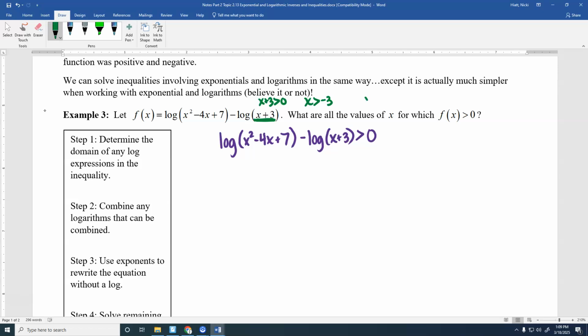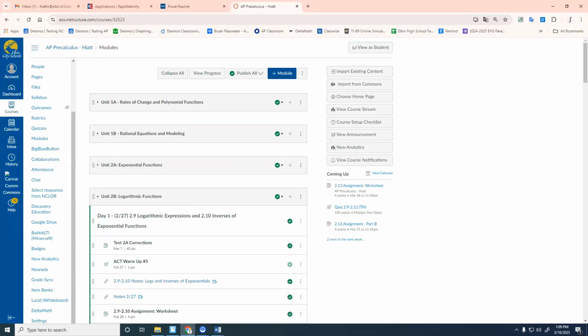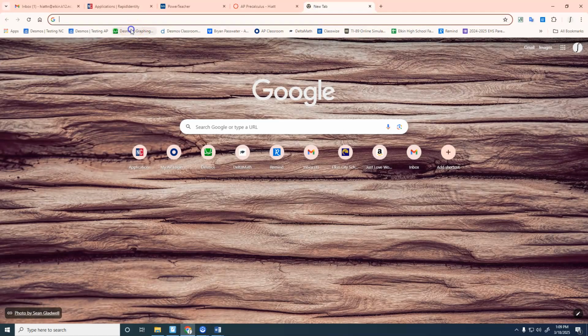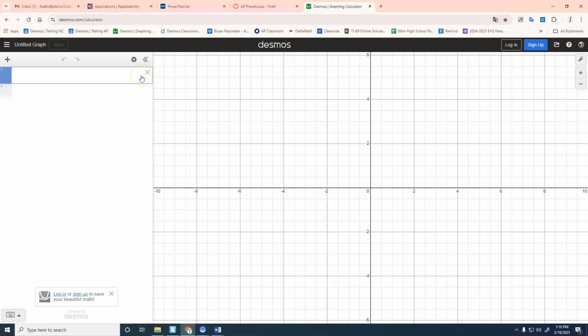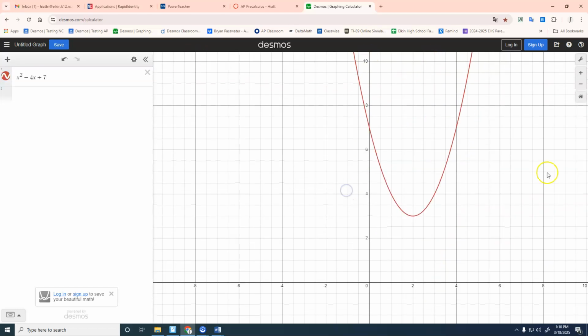This part right here is harder, and I've got to have this greater than 0. Because of time, there's a way to do this without graphing it. But if I graph x squared minus 4x plus 7, is that ever less than 0?